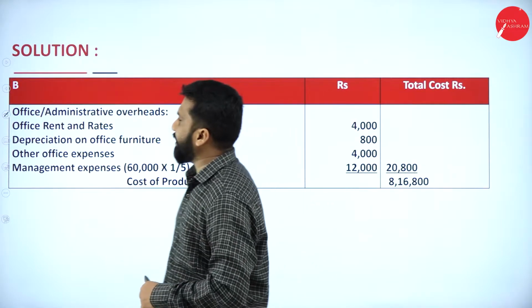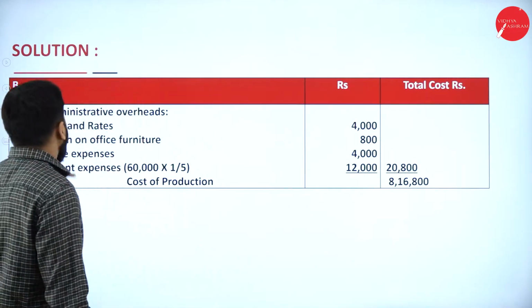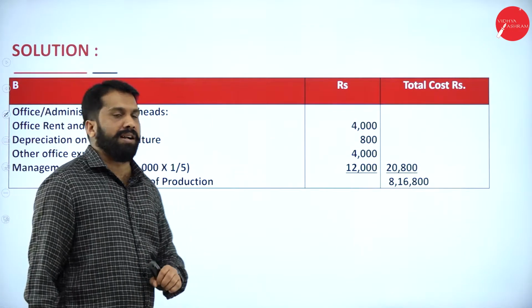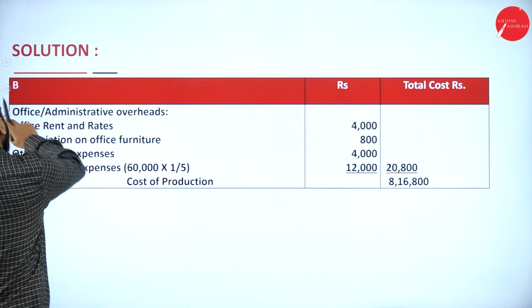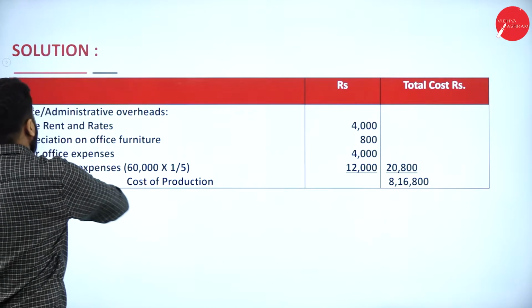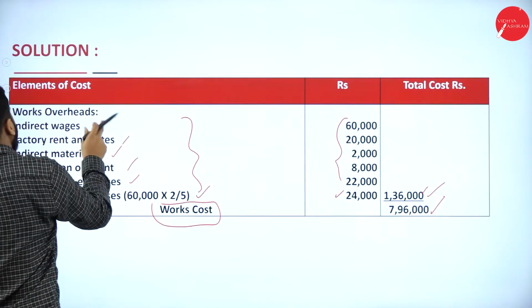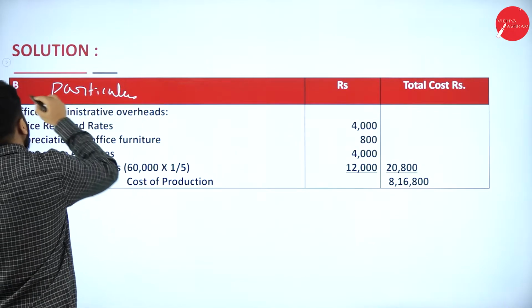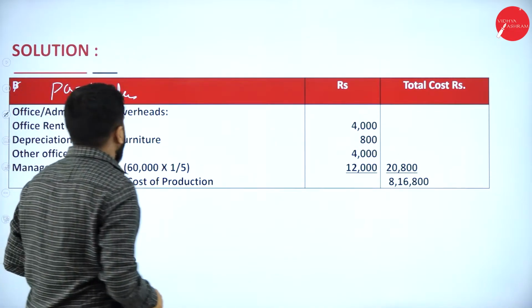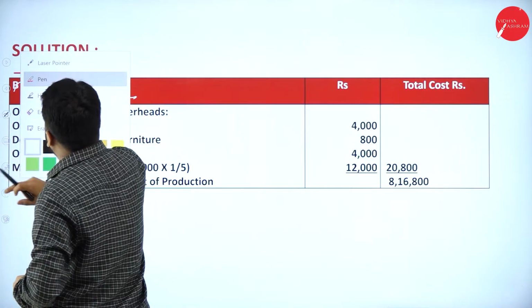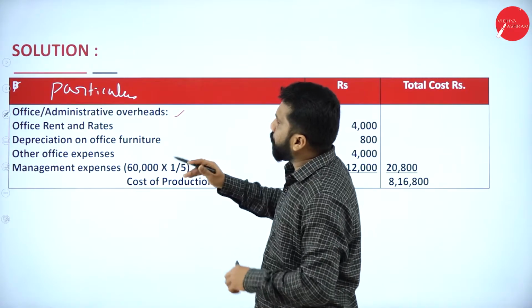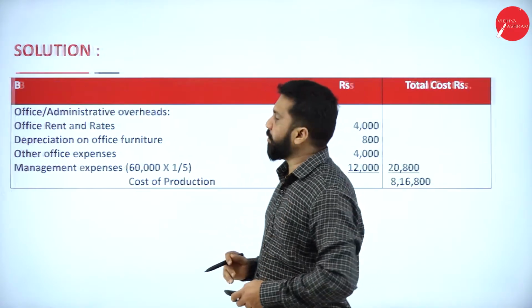Next part is your office and administration overhead. Under office and administration overhead, you can write it as particulars here. So these are called office and administration expenses. I'll go back to your question.